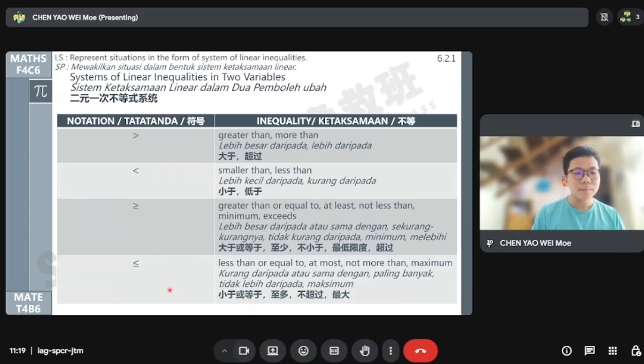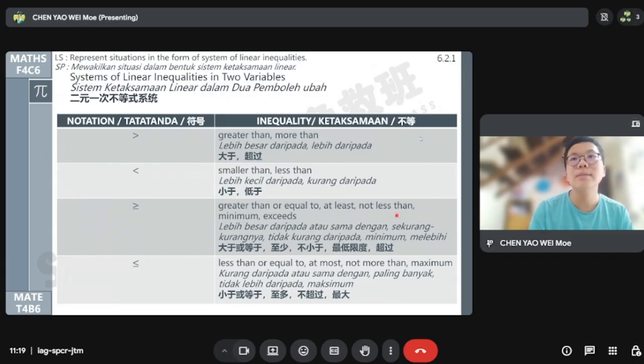So when I say allocate, it means I cannot use my money exceeding the value. I must use either equal or less than. It can be equal, can be less than, but I cannot use more than the value that I allocate.